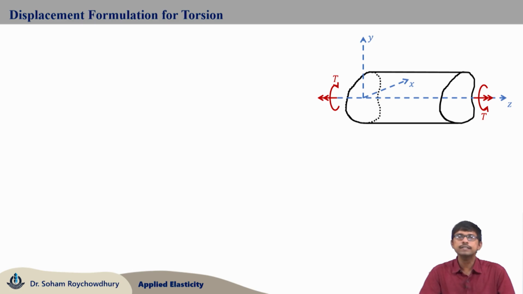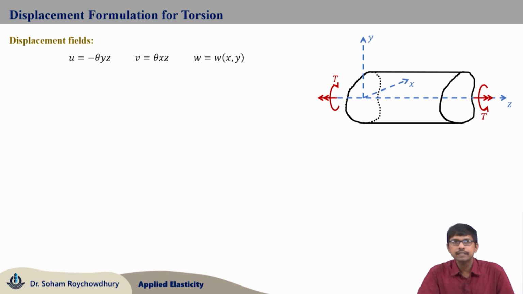Now, moving to the displacement formulation of torsion, we had discussed the torque-theta relationship and stress. Now, we are interested to find out the displacement, how the body is deforming with this Saint Venant's theory of torsion for non-circular cross section. So, displacement fields were assumed like this: u is equals to minus theta y z, v is theta x z, and w is some function of x y.